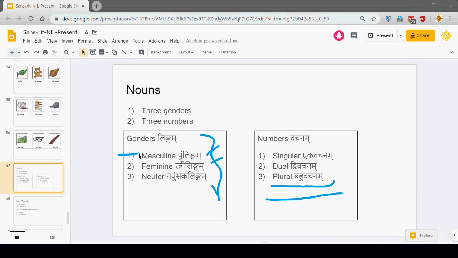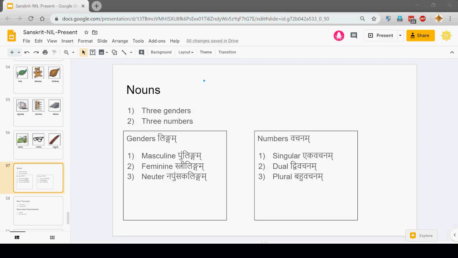If there is only one bed, then we use Paryankaha. And if there are two beds, then we use Paryankau, not Paryankaha. So the form in Sanskrit is Paryankau.